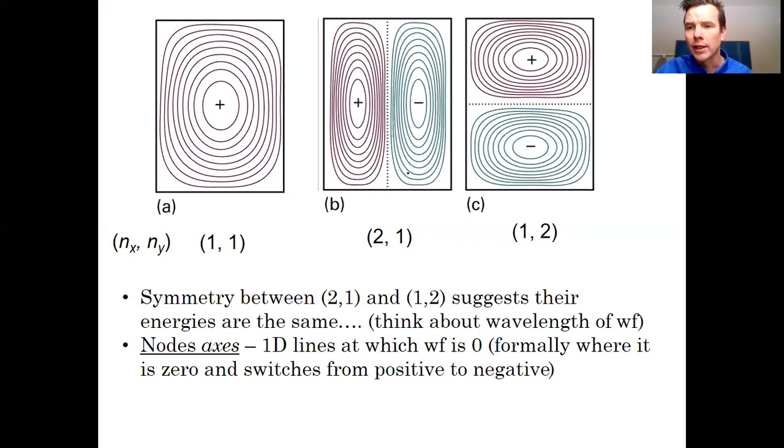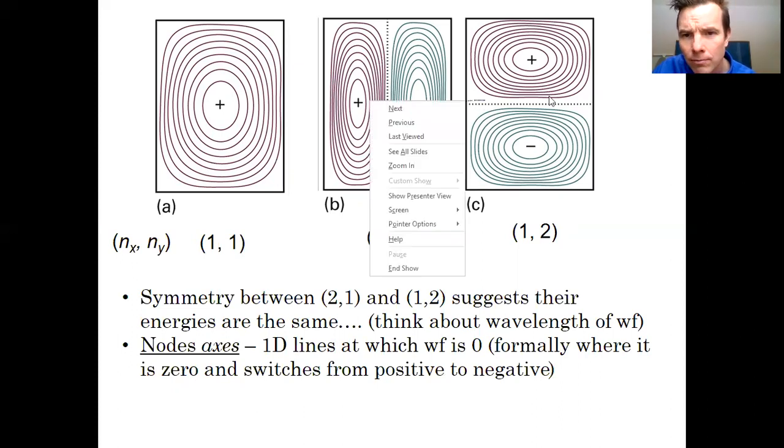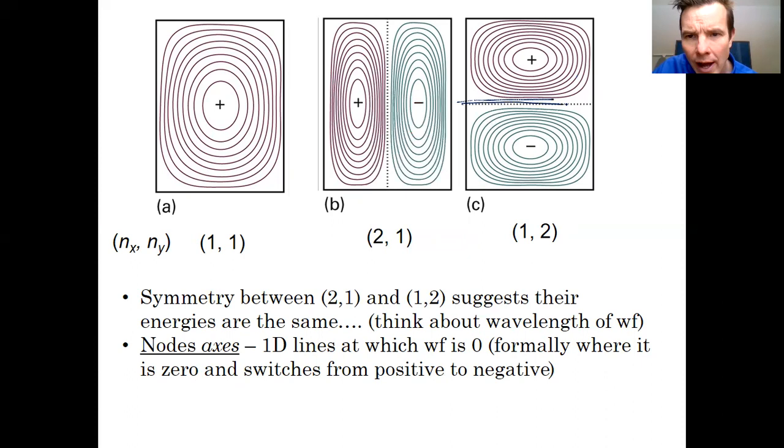And we'll see shortly that that's also true. The other thing I would point out to you is that rather than nodal positions, when we have two-dimensional problems, we now have nodal axes. These are entire lines in which the wave function is 0. So those are the wave functions.